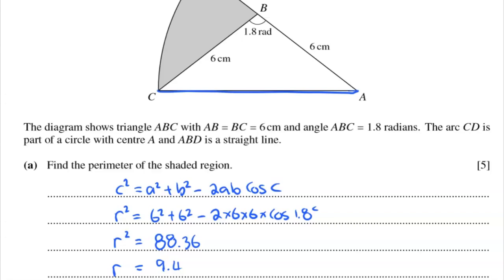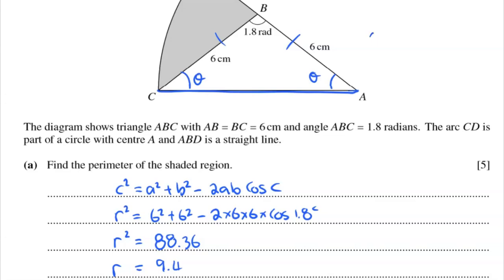We need the angle at the center of the sector. So how do we find that? Well, it's an isosceles triangle. Remember, we have a 6 and a 6. And so what we know is these two angles are the same. Let's call it theta. So the angle at the center is theta. So we know 2 theta plus 1.8 radians is a triangle, and that's 180 degrees, but we're not in degrees, we're in radians. 180 degrees is pi.